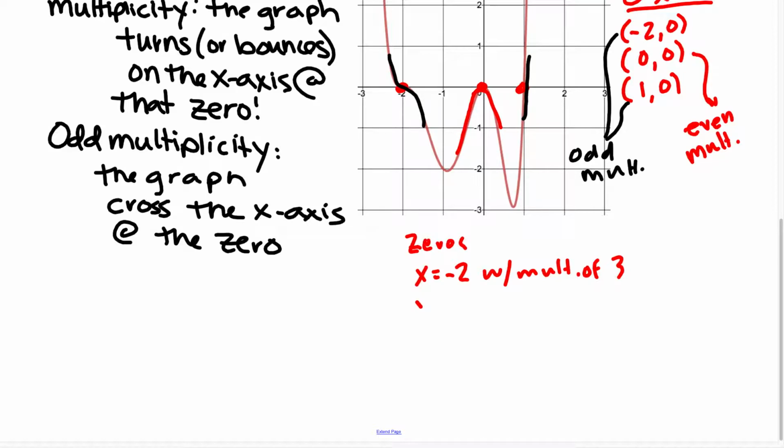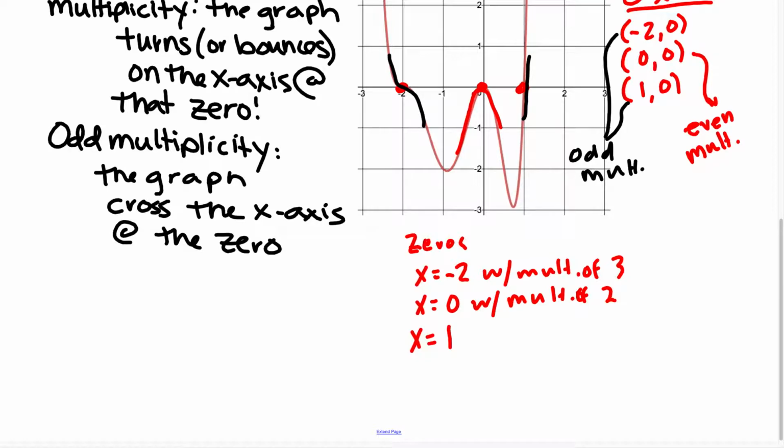And then x equals 0 with a multiplicity of 2, probably, because it looks like a regular nice U shape. It's turning, so it's got to have even multiplicity, probably 2. And then this one just crosses straight through, no weird bends or anything. So I would say my other zero would be x equals 1. I wouldn't even say with multiplicity 1; if I don't give it a different multiplicity, then I assume it's multiplicity 1.